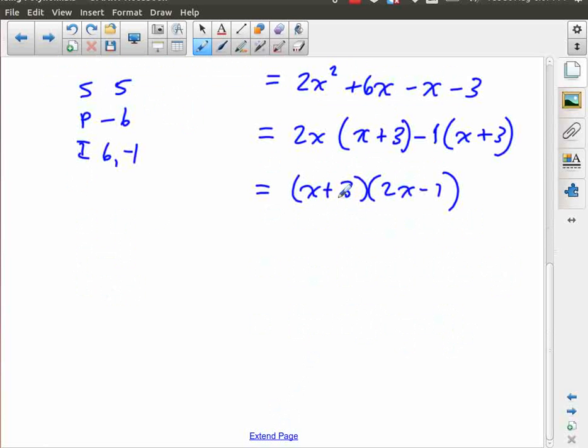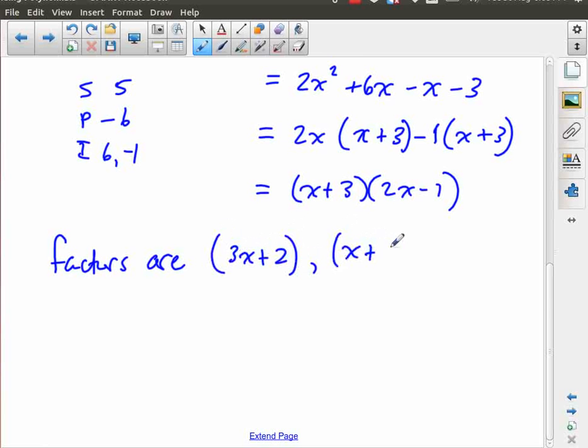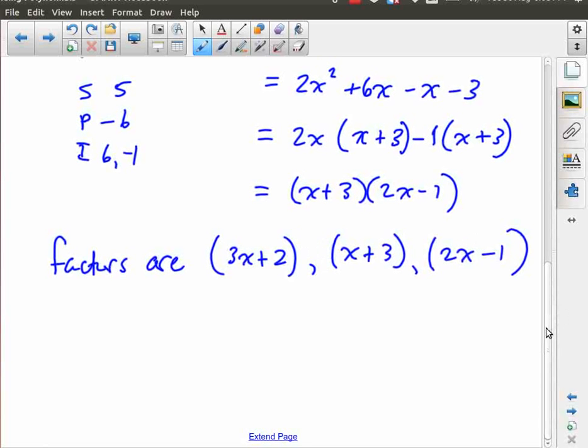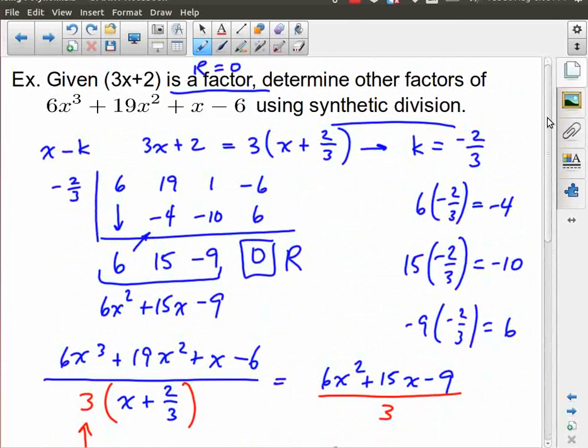And so from this, I can see my factors are 3x plus 2 is the one that we were given, x plus 3, 2x minus 1. And if you wanted to, you could multiply all three of these out and you would end up all the way back at our original value.